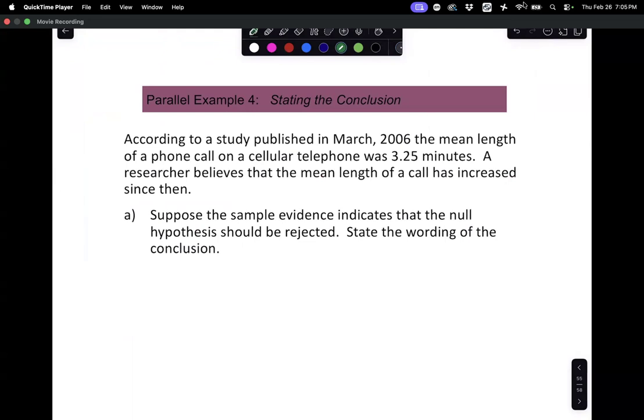Now, we are going to have more information to write the conclusions when we're actually writing them, but we're going to just give you some super simple ones. I'm just going to go through the ones that they give us because I'm going to be altering them just slightly. So our sample evidence indicated that we should reject the null hypothesis with the phone calls.